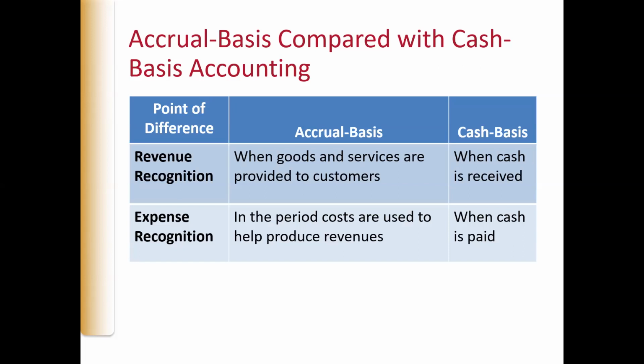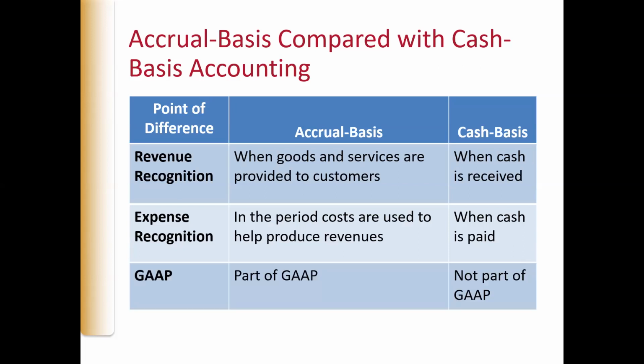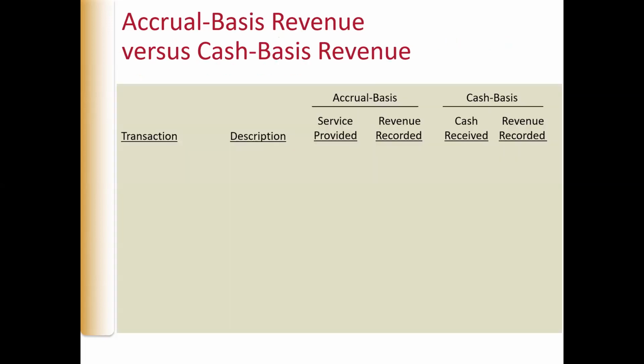Big difference. GAAP, generally accepted accounting principles, which are the guidelines we stand by, require accrual basis of accounting, not the cash basis of accounting.